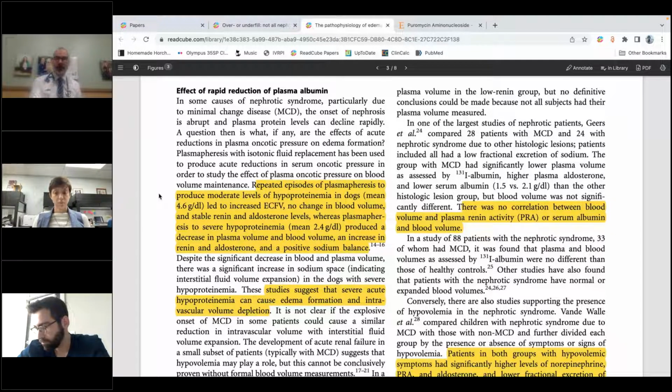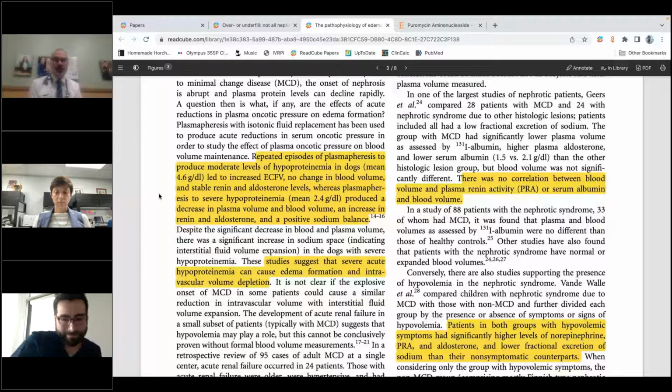What could happen? And they bring up canine plasmapheresis here, which I thought was very fitting for our patient population. They quote several studies showing that plasmapheresis, where you're removing plasma and replacing it with an isotonic crystalloid, can cause hypoproteinemia in dogs.